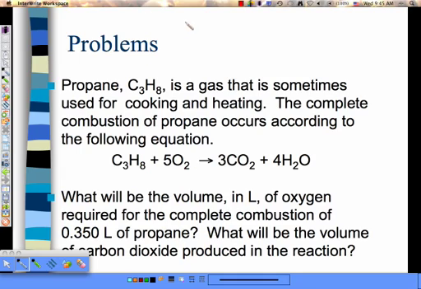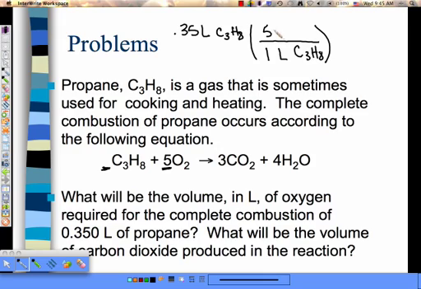Okay, if we're at the same pressure and temperature, we can take 0.35 liters of propane, C3H8, and we can use our coefficients as conversion factors in there. So we want 1 liter of C3H8.